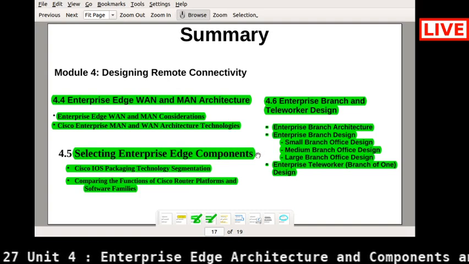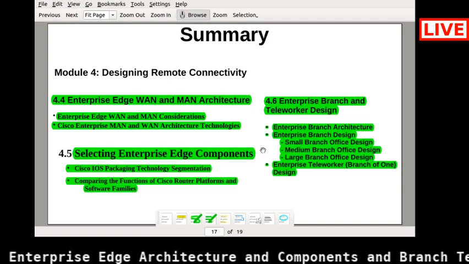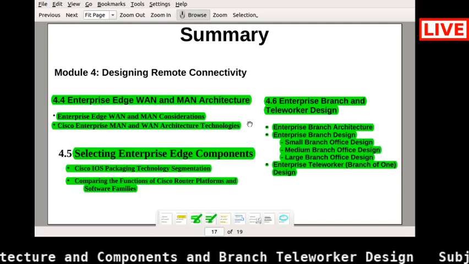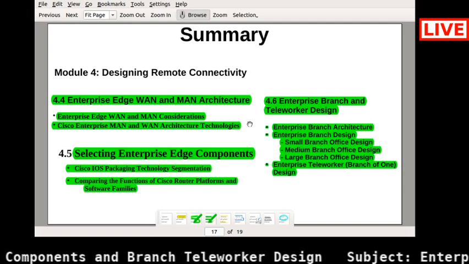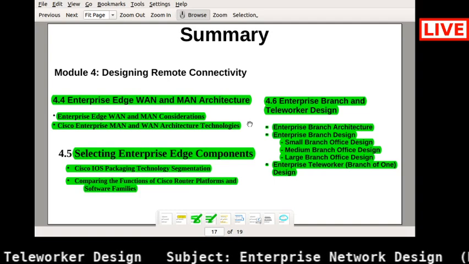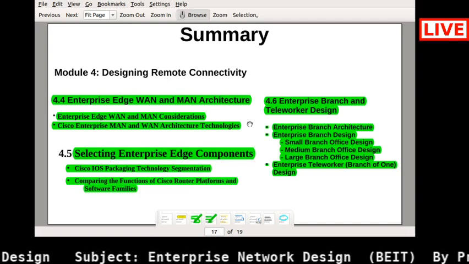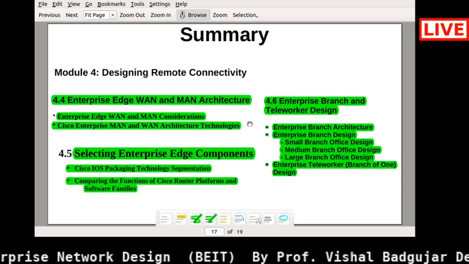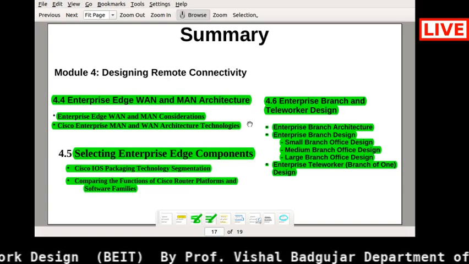From the next lecture we are going to start with module number 5, and it will be very useful from your examination point of view, and also for the topology you are going to create in your mini project. All the routing protocols we are going to study in the next chapter.